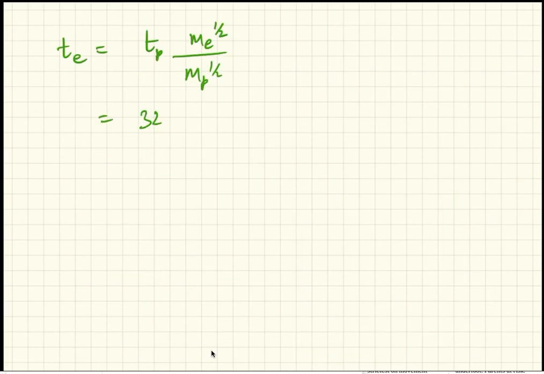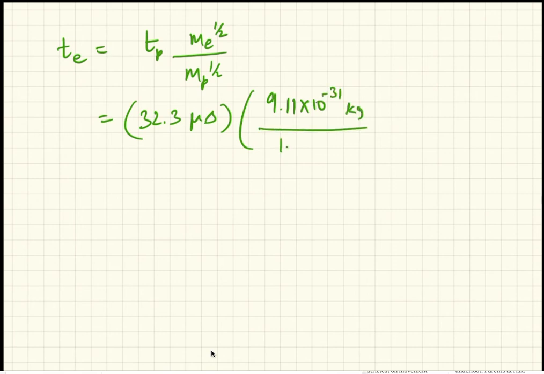You can verify this: 32.3 microseconds, and the mass of the electron is 9.11 times 10 to the minus 31 kg, and the mass of the proton is 1.67 times 10 to the minus 27 kg, to the power half.